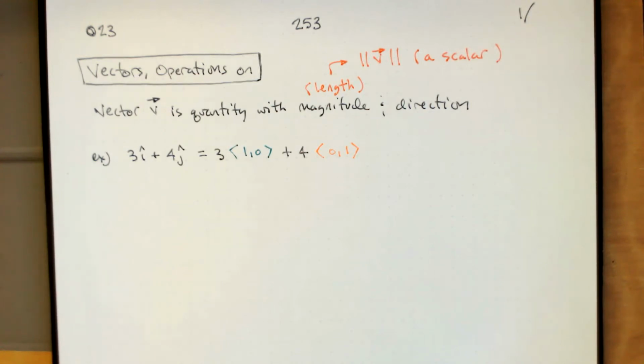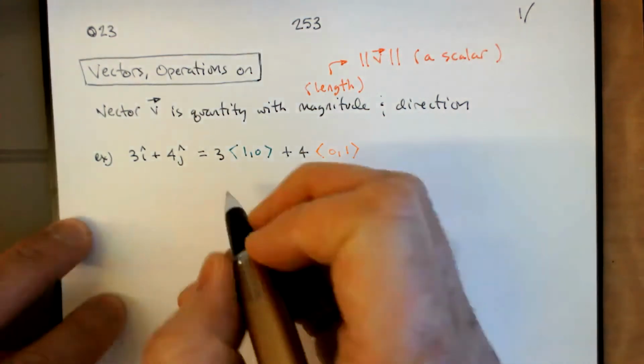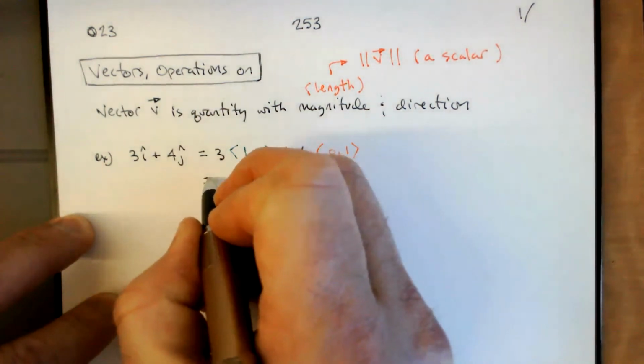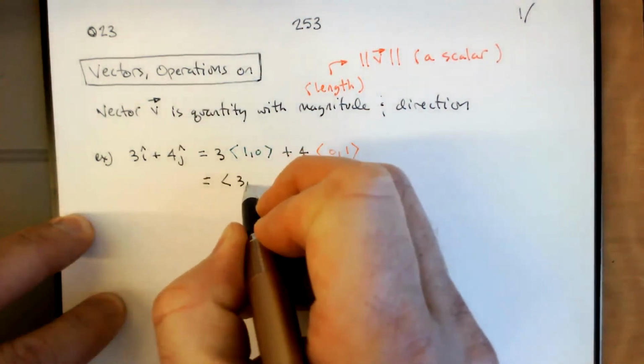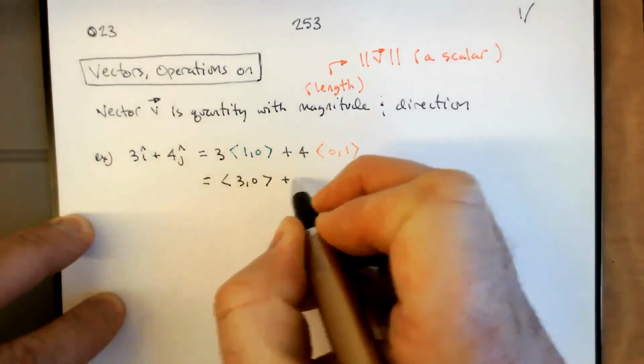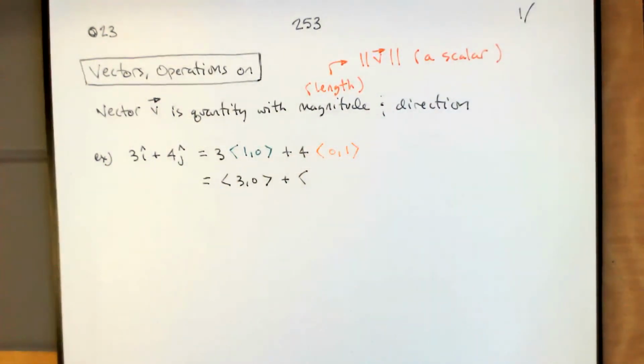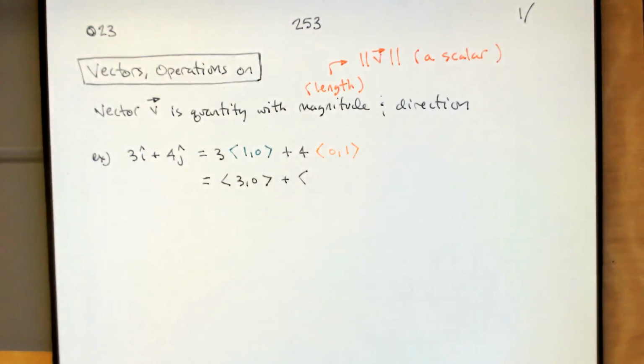We haven't talked about operations on vectors. Part of the reason for that is it works exactly like you think it would work. If I take the vector 1, 0 and multiply it by 3, if you're guessing we should write 3, 0, you're correct. And if I want to multiply the vector 0, 1 by 4, you're guessing that's probably going to be 0, 4.